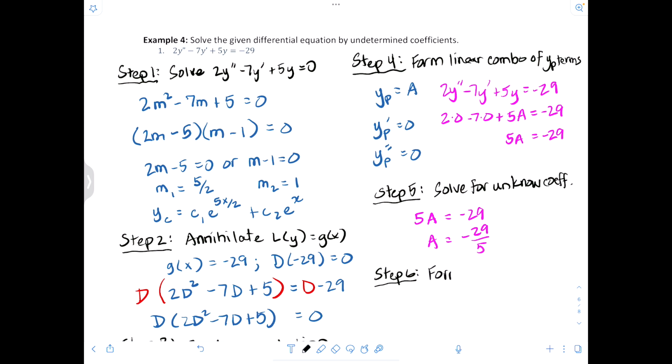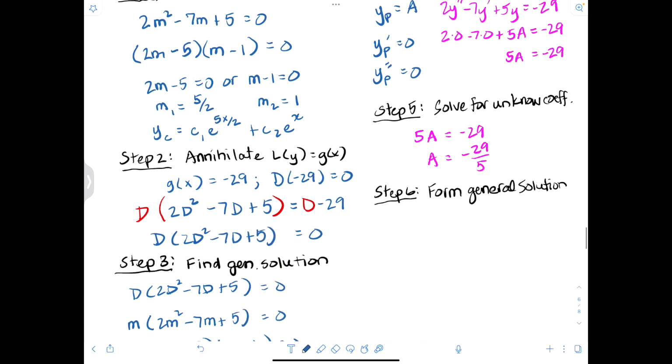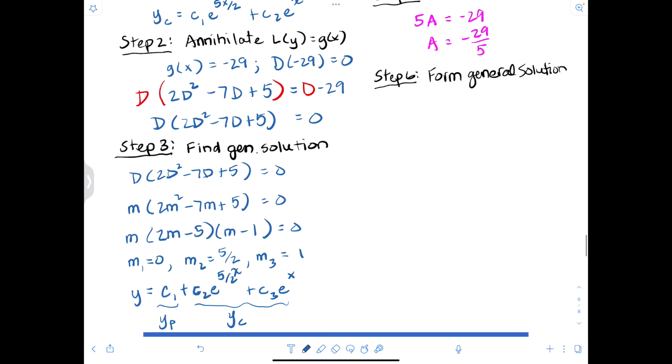So you form the general solution, and this is from our step 3, so y is equal to negative 29/5 plus c1 e to the 5x over 2 plus c2 e to the 1x. Groovy? And we're all done. Woohoo!